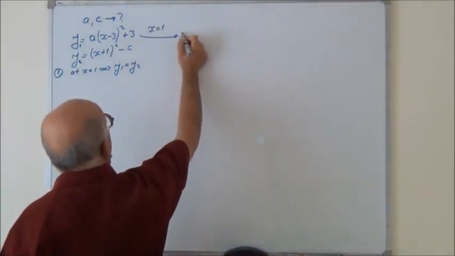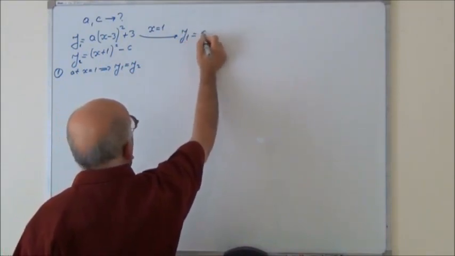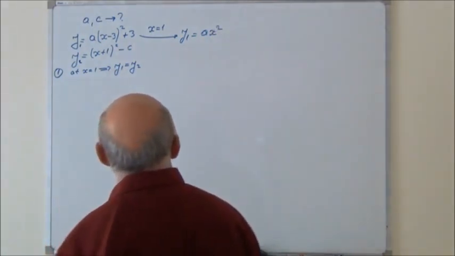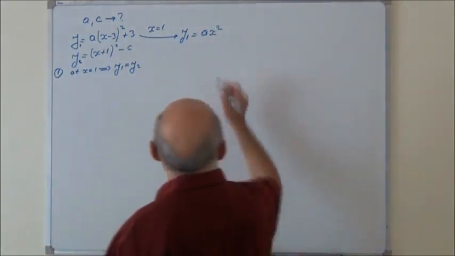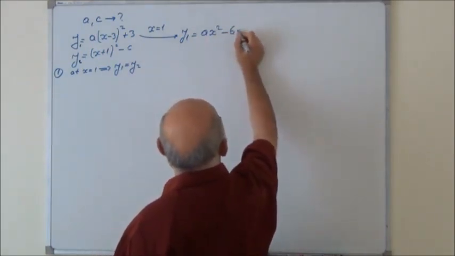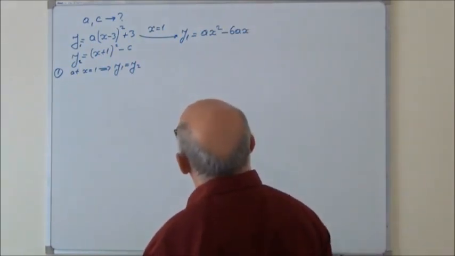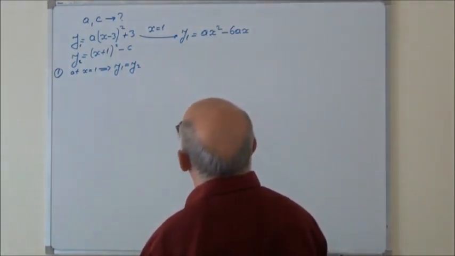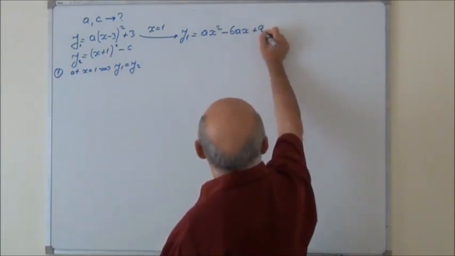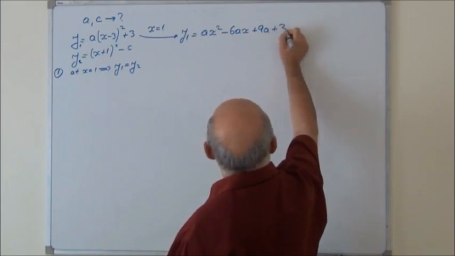To rearrange them a little bit, that is y1 equal a x power 2 minus 6a x plus 9a plus 3.